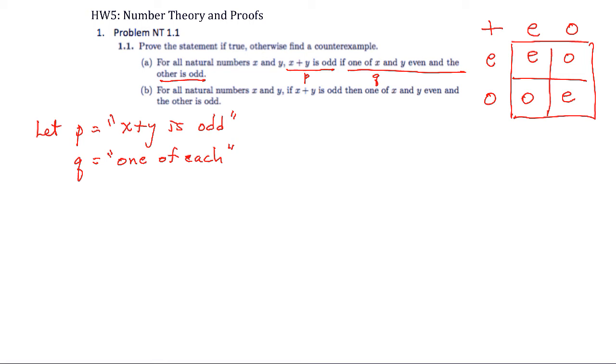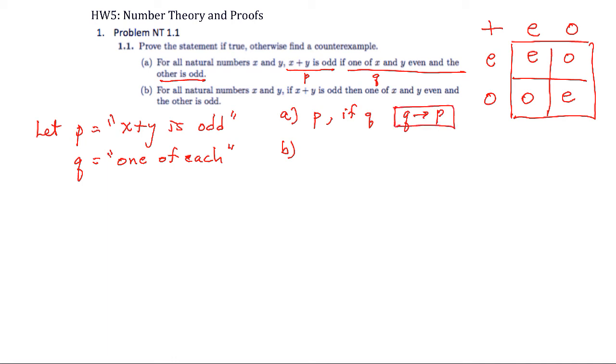Okay? Then part A is a statement that P if Q. So you've got to watch out here, because what this really means is if Q, then P. That's what part A says.